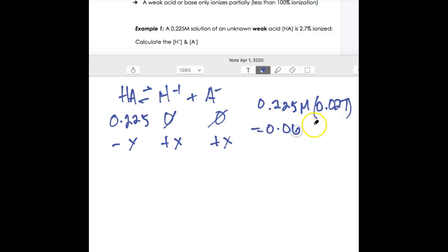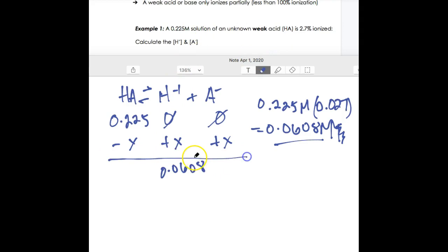And we have 0.0608 molar. So that's going to be this right here. That's going to be X, right? Because that's what we're going to have here. And if X is equal to this, then this is going to be the same. And then here, if you subtract the amount that dissolves from our original 0.225, we can figure out how much of this remains in solution.